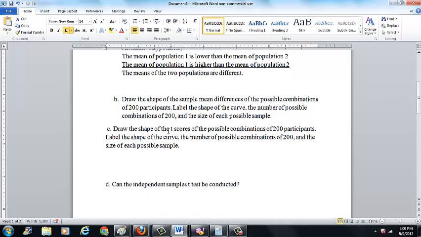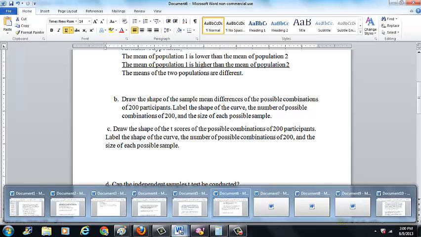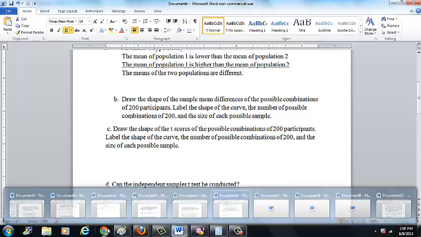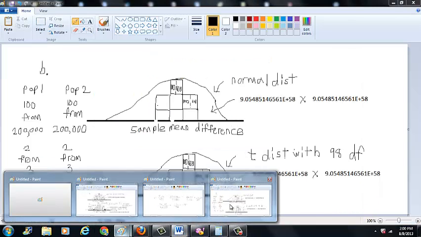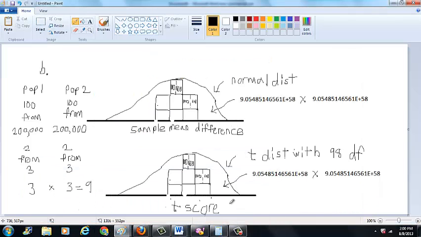So we've drawn the shape. We've drawn the sketch. We labeled the shape. We have our number of combinations, and we labeled the size of each sample because we put 100 in both sides of the box with a dotted line in the middle. So the sketch will just need to look like this for the t-scores.